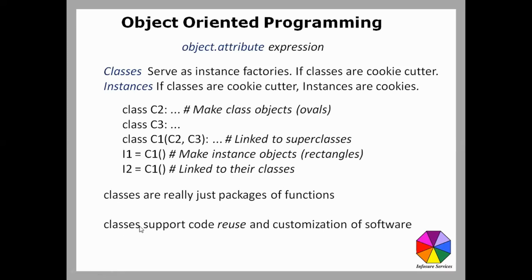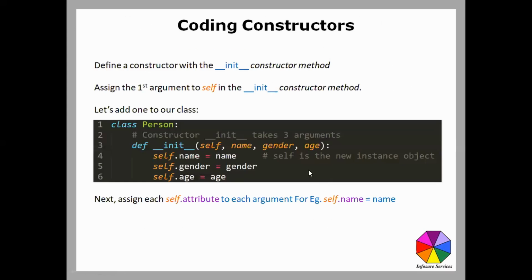The purpose of this is code reuse. You could create multiple instances of that class, so there are multiple objects, and in each of those objects you're using reusable code, along with customization of software. That's the concept of classes.